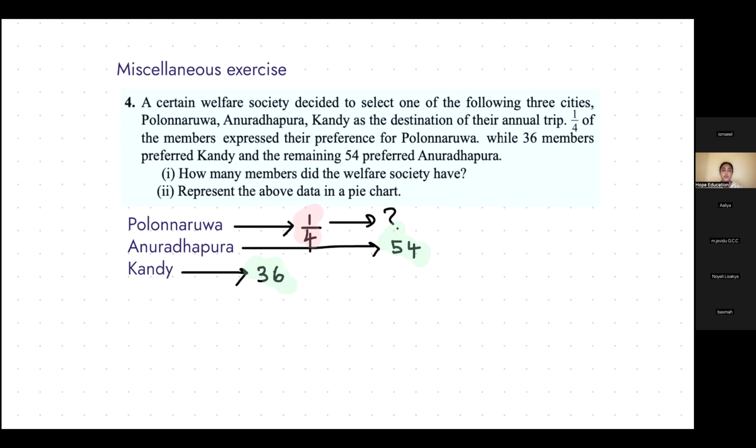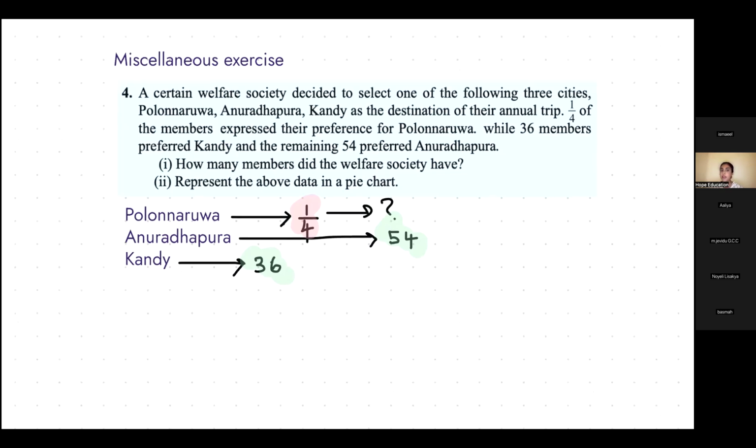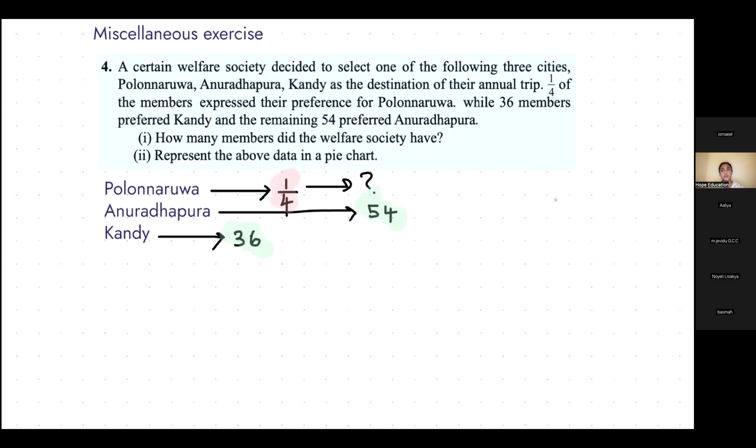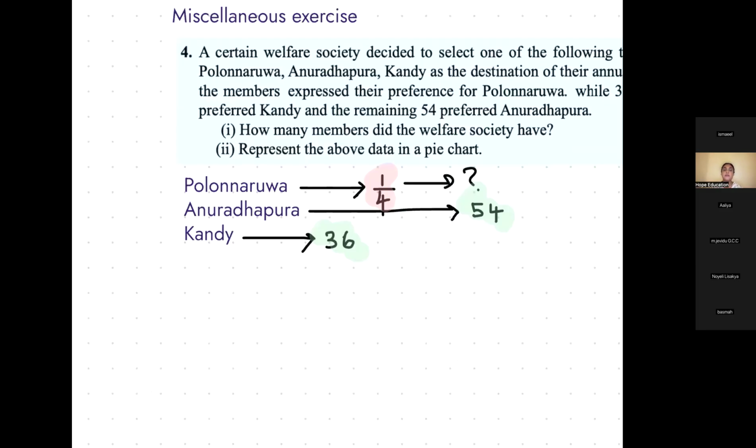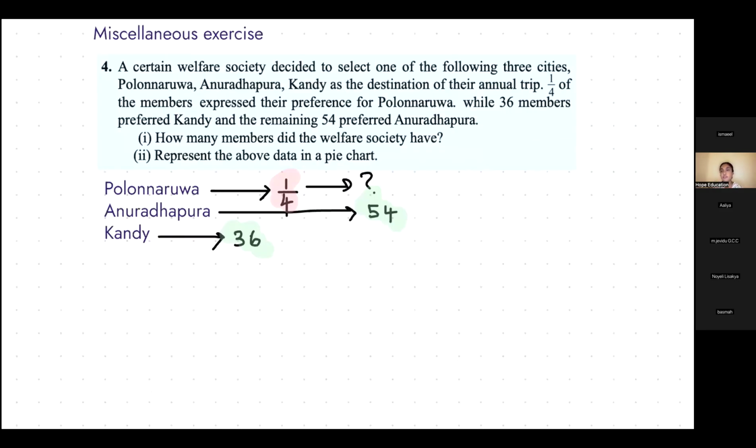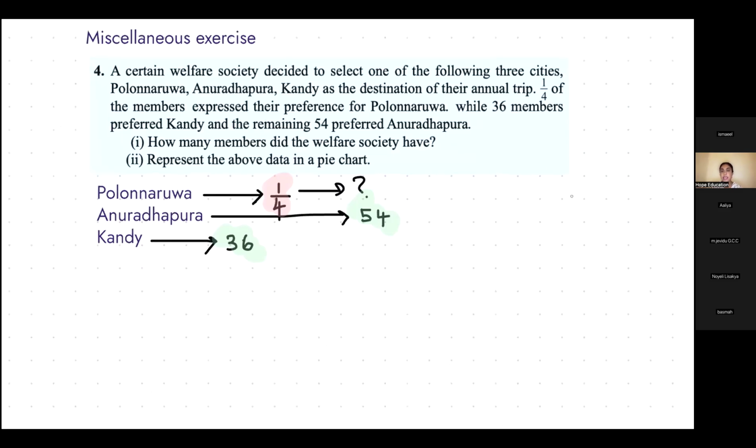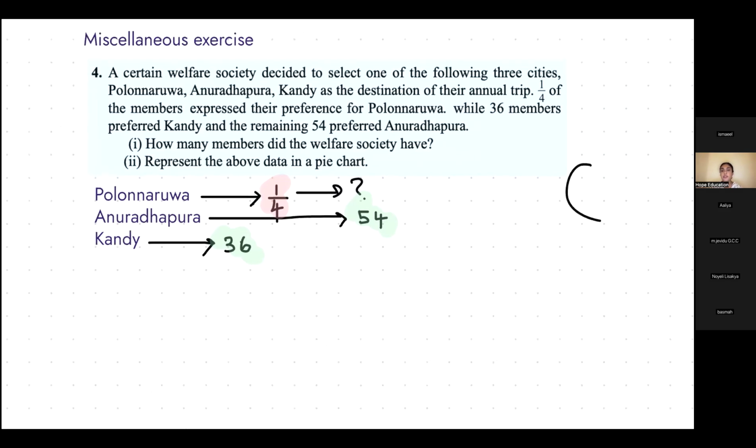So here, what we need to realize is there are only Polonnaru, Anuradhapura, Kandy, nothing else, no other cities. Yes, Maria, your approach is correct. If Polonnaruwa is 1/4, let's say there's a cake. If I eat 1/4 of the cake, what is remaining? The remaining fraction is 3/4, right?